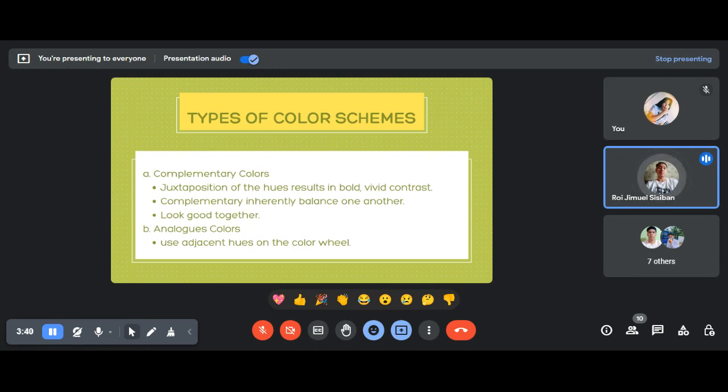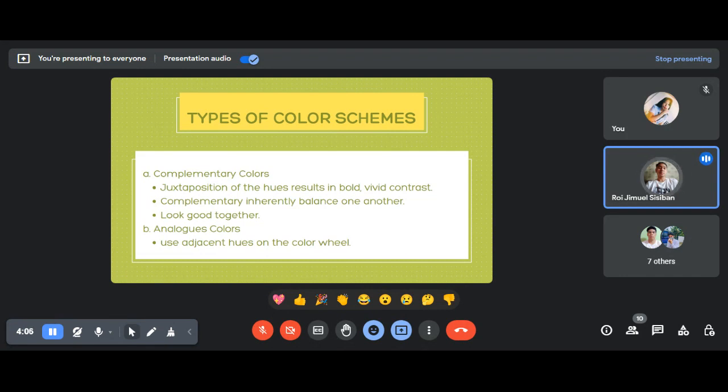Types of color schemes. So, what is a color scheme? A color scheme is about learning how to create balance in color combinations. So, we have complementary colors. Complementary colors are those found on opposite sides of the color wheel. So, why are complementary colors important?